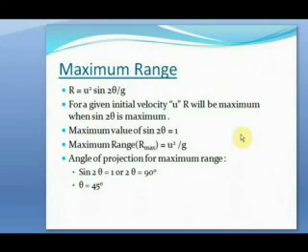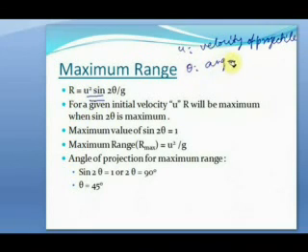Now we'll try to find out what is the maximum range for a given velocity u. As we have seen earlier, the range of a projectile is given by R is equal to u square sin 2 theta by g, where u is velocity of projectile and theta is angle of projection. So from this expression, it is clear that for a given initial velocity u, the value of R will be maximum when sin 2 theta is maximum.